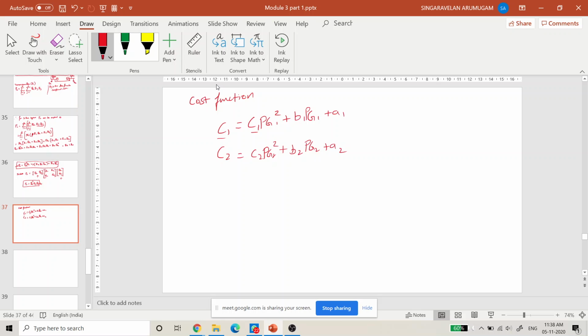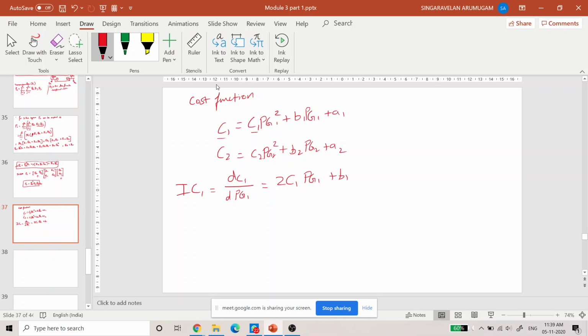And then if you see the incremental cost, so what is incremental cost? IC1 is equal to, if you differentiate the cost equation with respect to the power generated of G1, then I will get 2C1 PG1 plus B1.